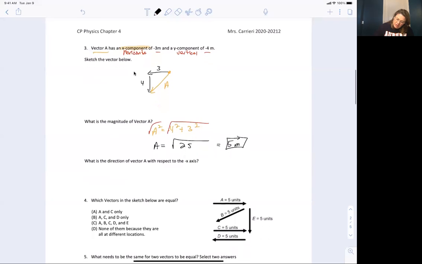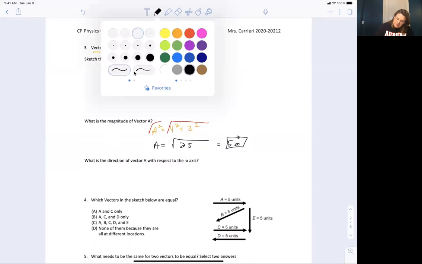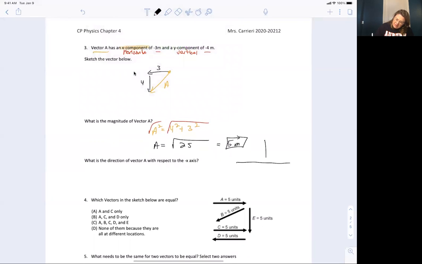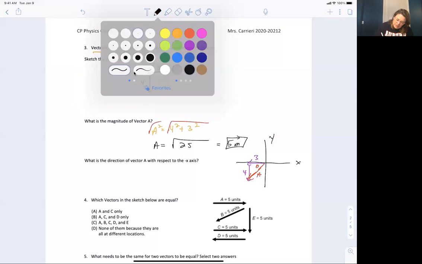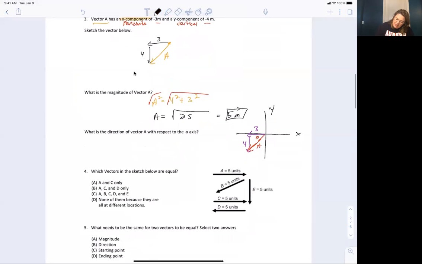What is the direction of the vector with respect to the x-axis, negative x-axis? So let's imagine, here's my axis, x and y. And we had to draw that vector by going off to the left 3, down 4, and then this is what the vector looked like. That was the vector A, we called it. And we found it to be 5 meters, and we wanted to know the direction, so we got to have the angle. How would I find that angle? Well, I can use the fact that I know the opposite side and the adjacent side.